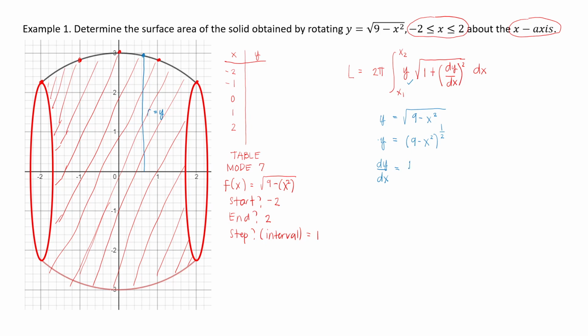So 1 half first, then bring down the exponent, 9 minus x squared. And then 1 half minus 1, that would give us negative 1 half. And then you try to derive again what's inside the parenthesis. So 9 is 0 minus negative 2x.